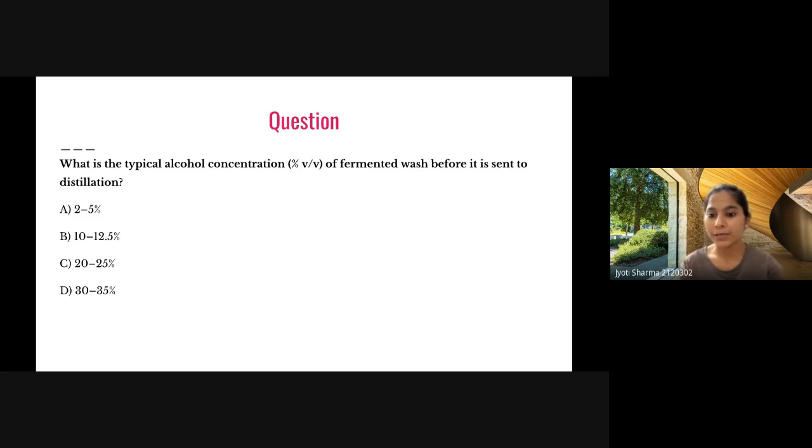So I got B answer from both of you. Nearly 10 to 12.5% is the concentration that we will get before distillation, because distillation will concentrate and also separate different types of alcohol. So before that we have just 10 to 12.5% volume by volume alcohol concentration.